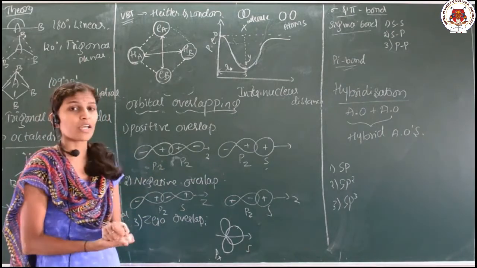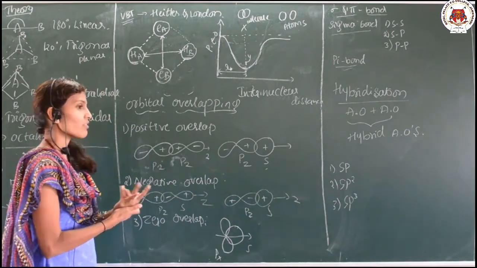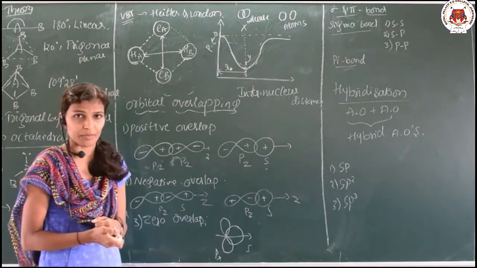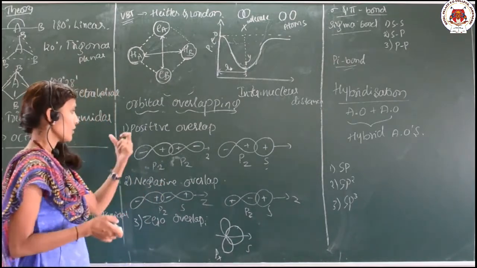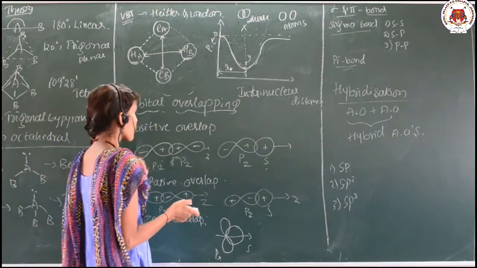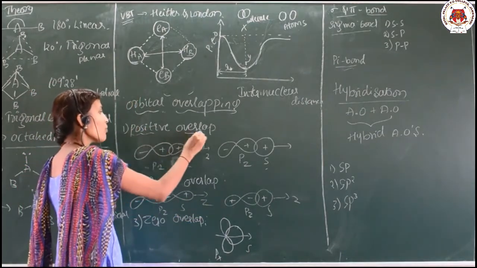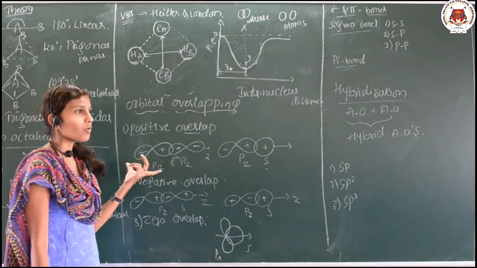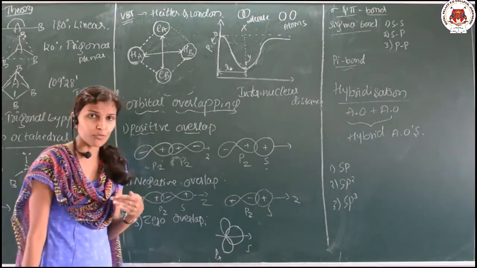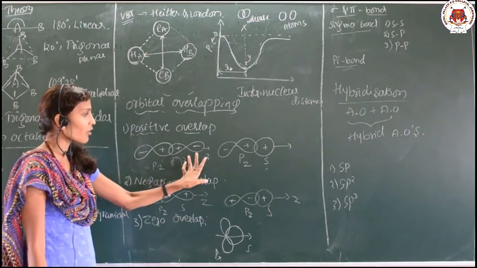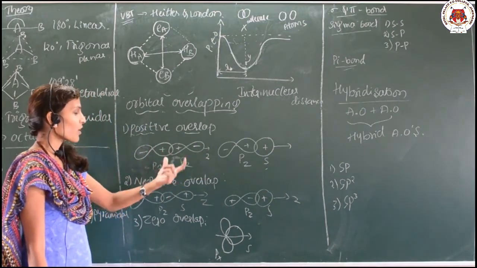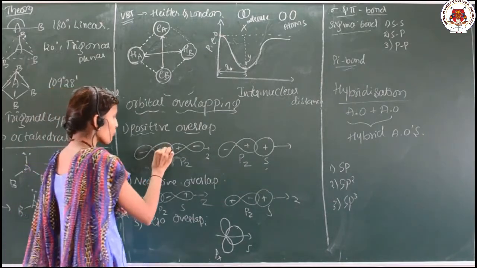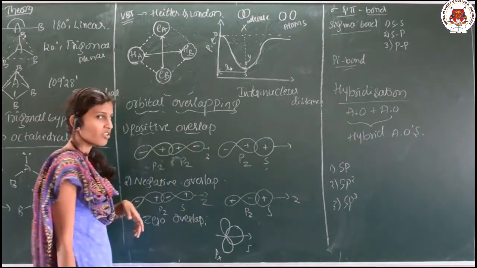There are three types of overlapping: positive overlapping, negative overlapping and zero overlapping. Let us go one by one. Positive overlap means one orbital overlaps with another orbital and both lobes have the same charges. Positive, positive. The lobes have the same charges.